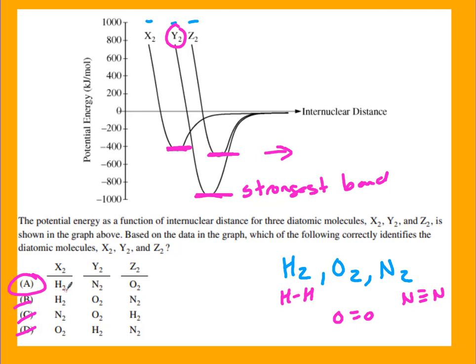Which makes sense because X2 is a single bond, but its atoms are very, very tiny, so they can get really close together. And they're going to be relatively strong because they can get so close together. While O2 with that double bond is going to take up more space and be further to the right because it takes up more space, and a little bit further down because it has that double bond.